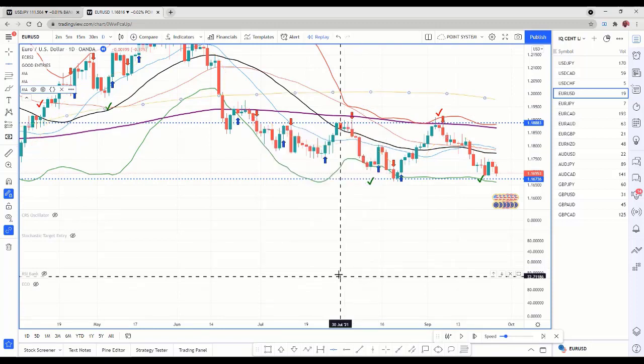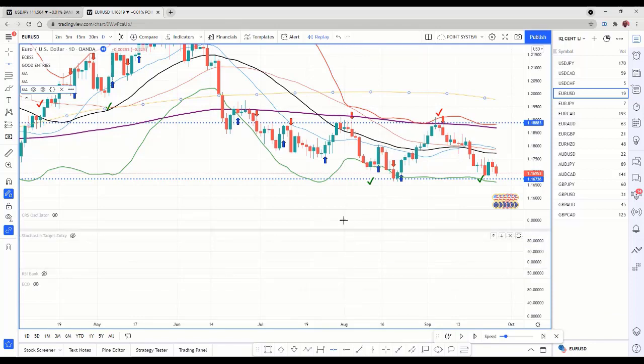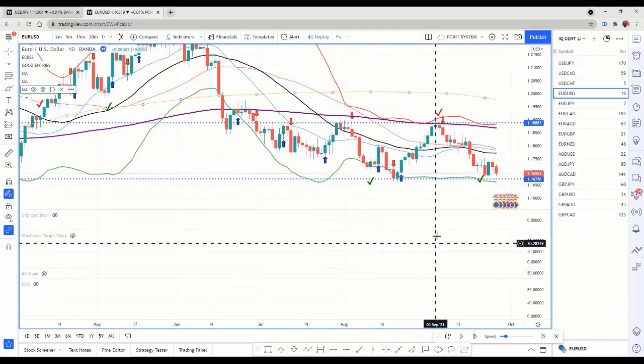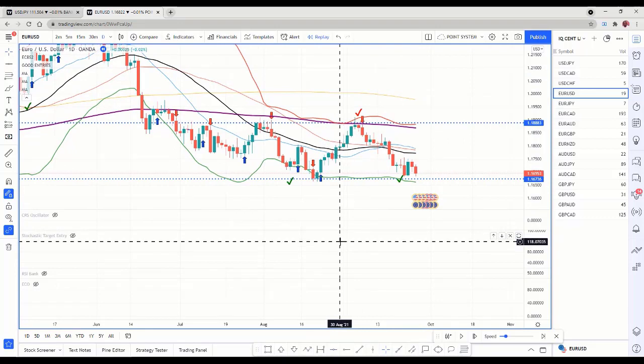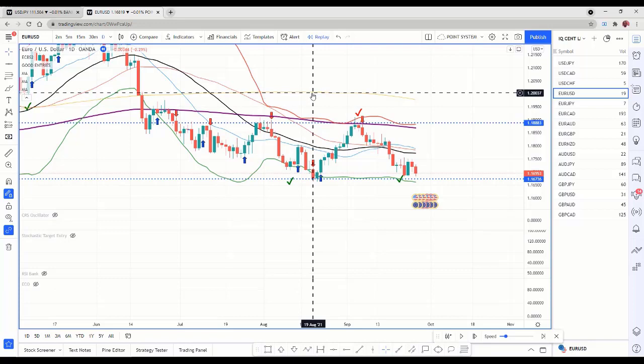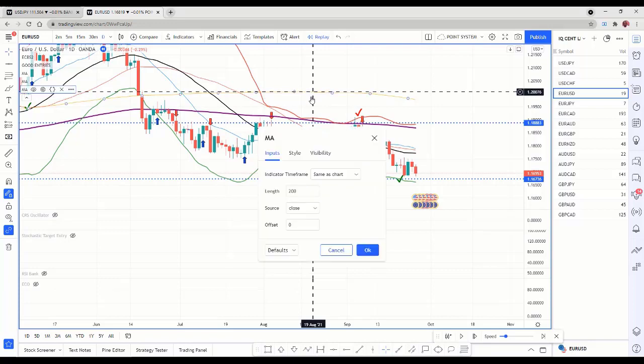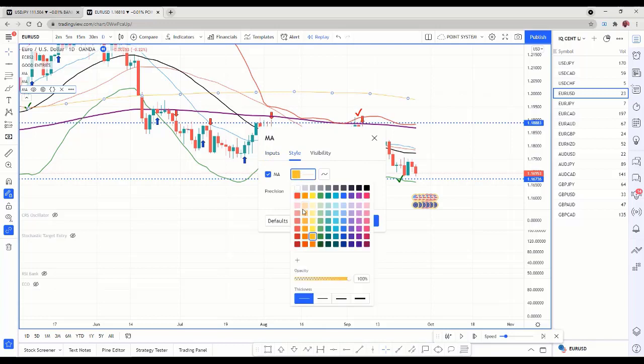Okay, good. Now if you look at this, your 200 moving average. Okay, this is your 200 moving average. Let me change the color of the 200 moving average. Let me call it black, the thicker.